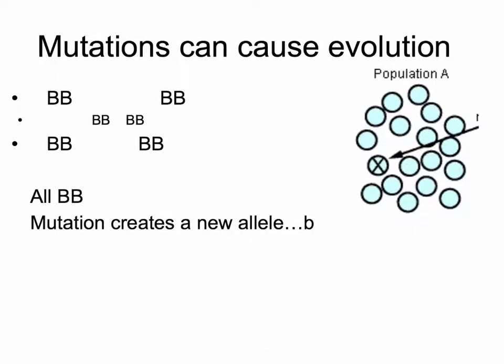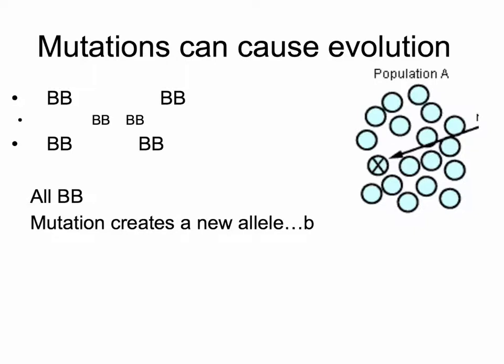Mutations can cause evolution because you're introducing a brand new allele into the population, and this will change the allele frequencies. In our original population, all of the alleles were capital B. This means that the frequency of big B was 100%.